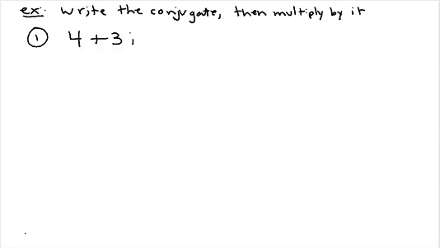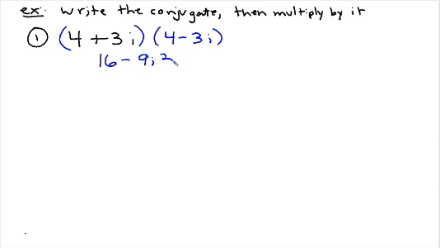Well, as far as I'm concerned, you can just write the problem down and then start working. The conjugate of 4 plus 3i is 4 minus 3i. Okay, 4 minus 3i is the conjugate. And I know from what I just showed you that when I multiply these two, I get 16 minus 9i squared.